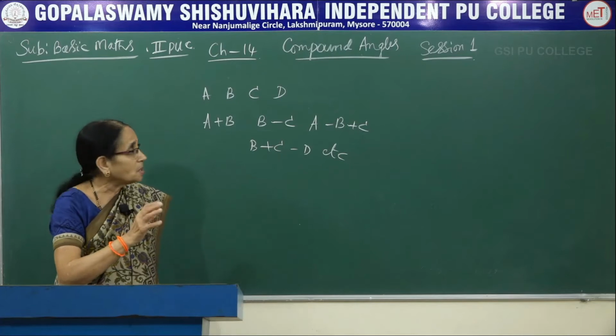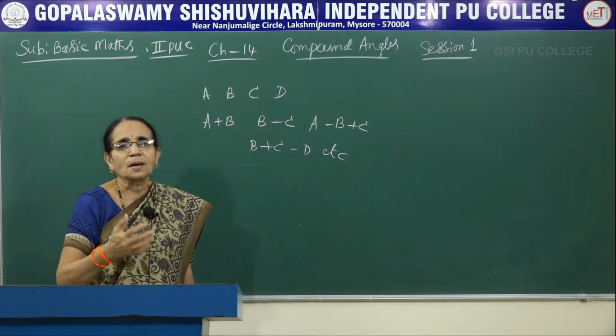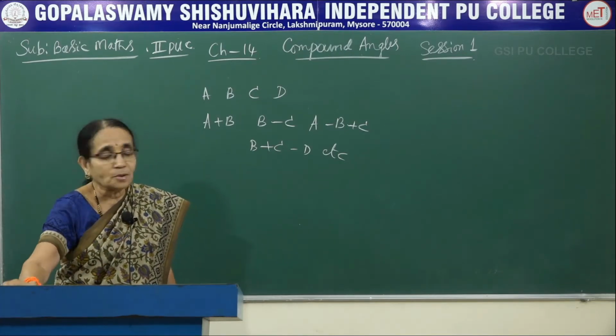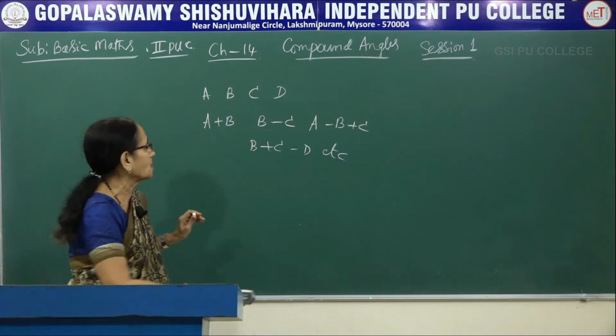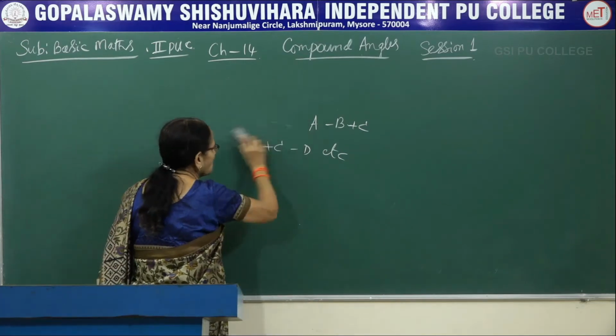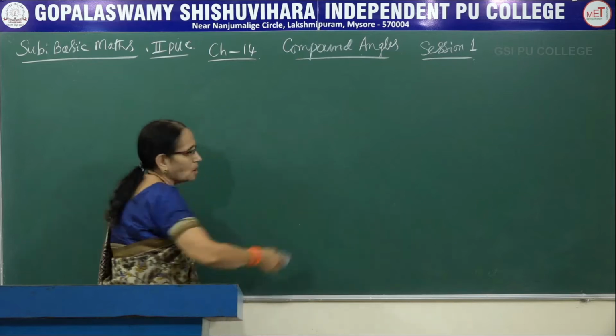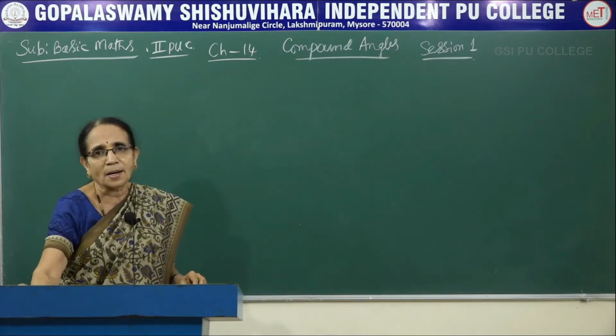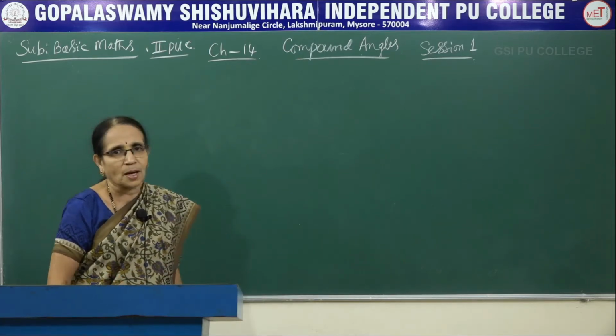So, any two or more angles, when they are added or subtracted, is called a compound angle. In general I can say the sum or difference of two or more angles is called a compound angle.